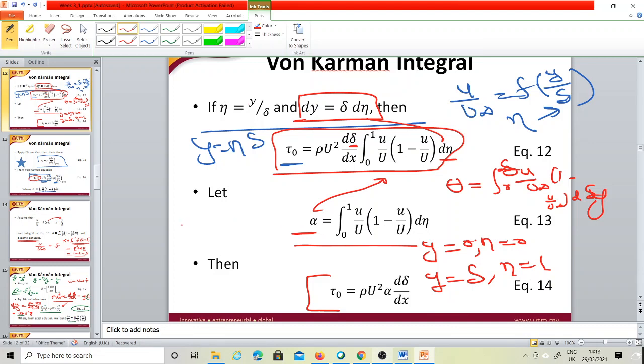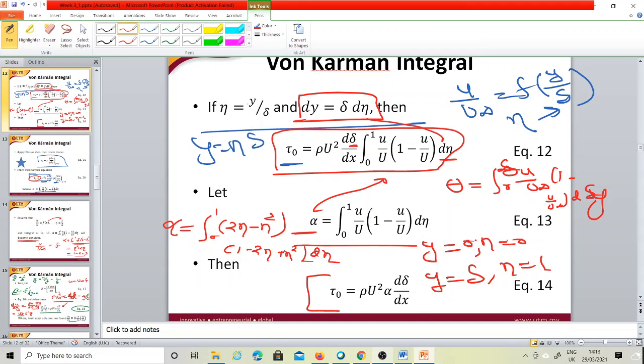So alpha is equal to the integration of u by U, which is 2 eta minus eta square, multiplied by 1 minus 2 eta plus eta square, then integrate.